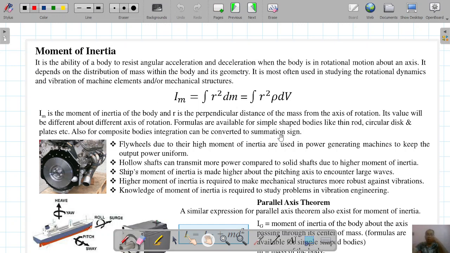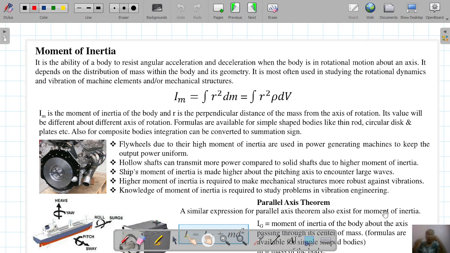Formulas are also available for simple shaped bodies. They have different formulas, like for thin rods, circular discs, and plates, you have specific formulas. Also, for composite bodies, integration can be converted to summation signs.